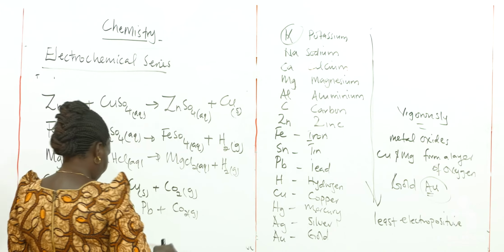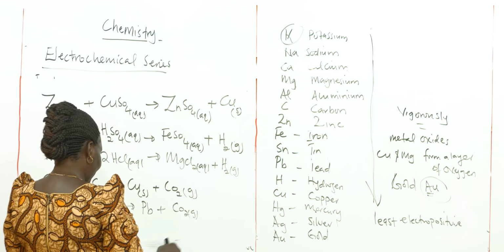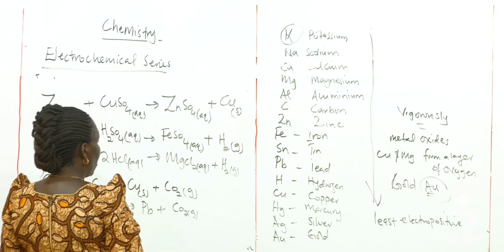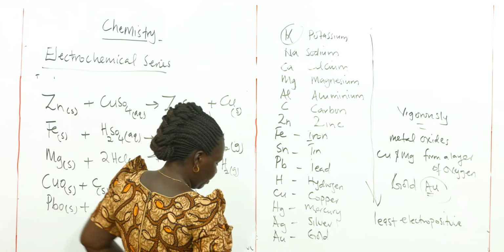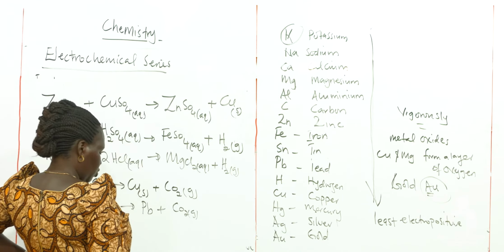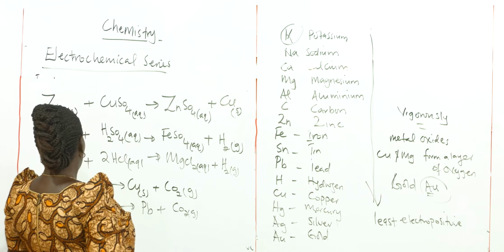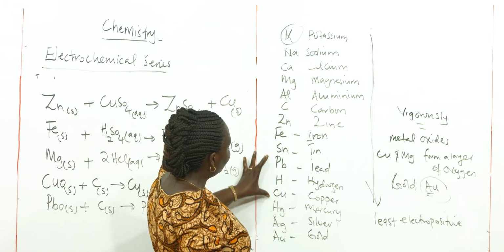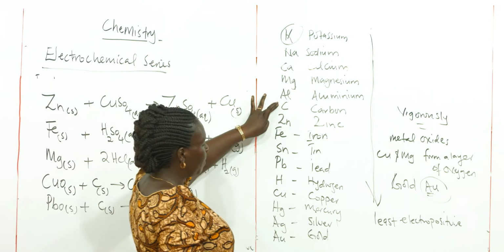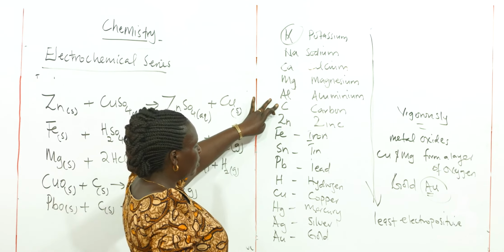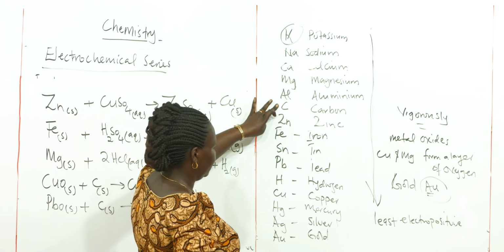So as I mentioned, oxides of metals below carbon in the series are reduced by carbon to metals. So we have copper and lead, and both of them are below carbon in the series.